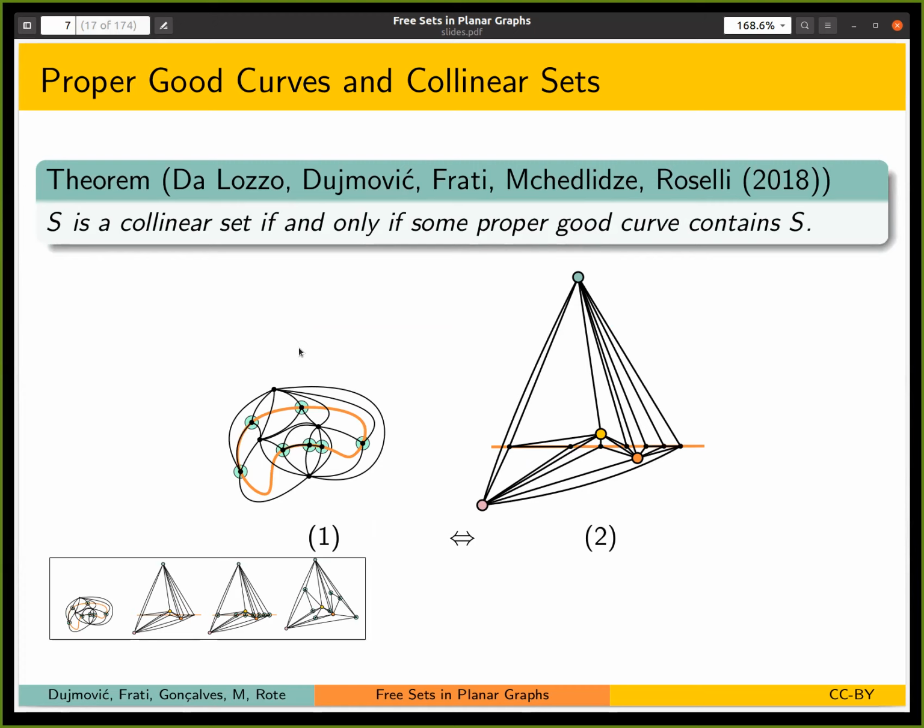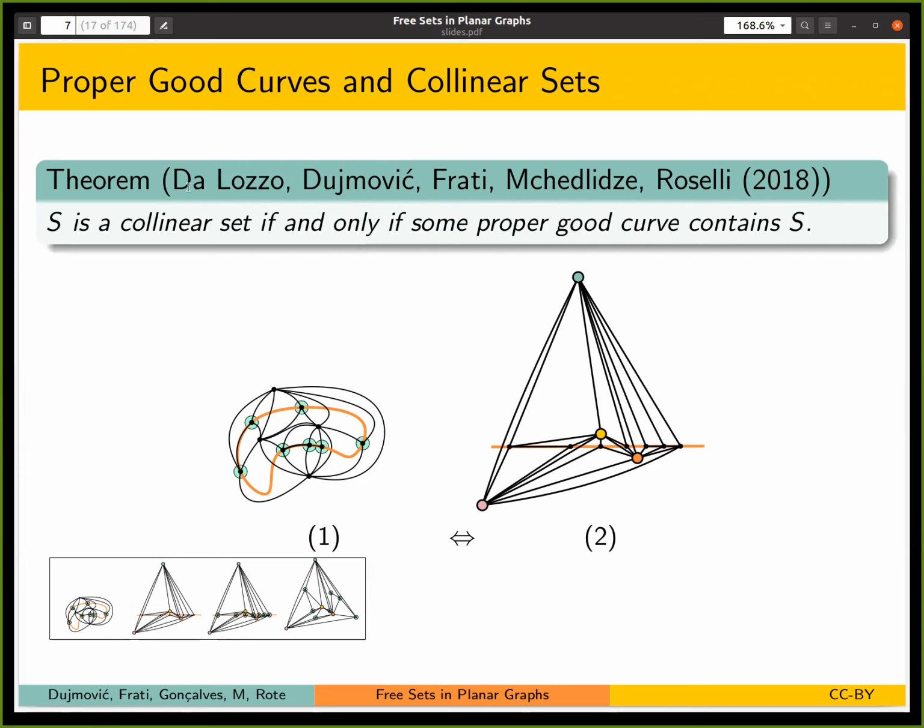Okay, so let's look at the equivalence of a proper good curve that contains your vertices and being able to draw those vertices on a line. And I kind of alluded to why this is maybe a natural thing to consider, just because the definition of proper good curve is basically that the curve interacts with the edges the same way that segments interact with a line, which suggests that maybe it's not too much of a stretch.